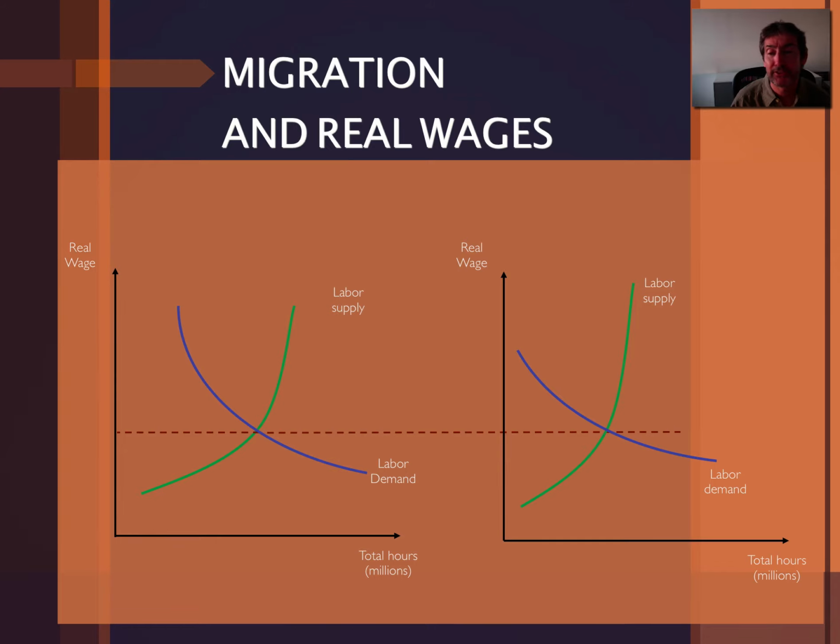Now, of course, there are lots of restrictions to the movement of labor across international borders, and there are lots of things that workers care about beyond their wage. But the underlying insight is still an important one. Differential wages will tend to induce migration, and migration will be a force that will tend to bring real wages in line across countries.